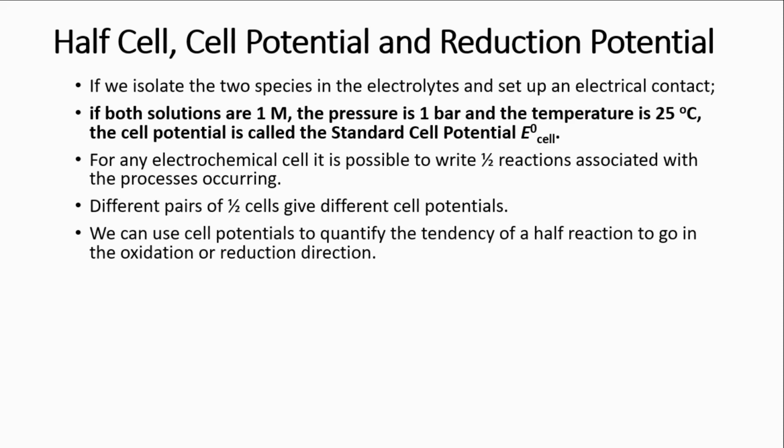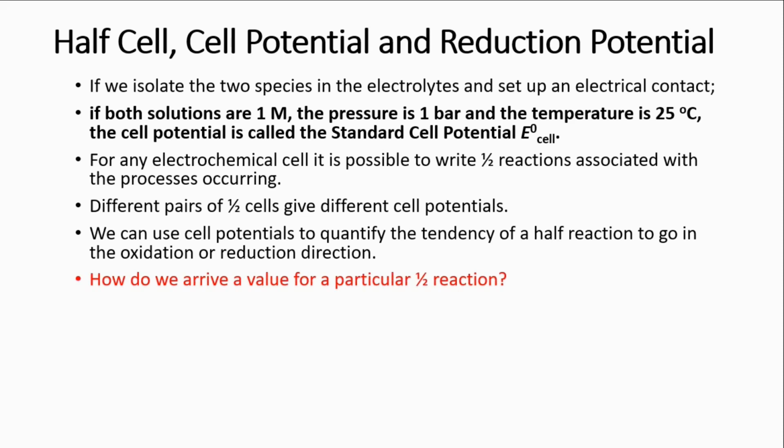We can use cell potentials to quantify the tendency of a half reaction to go in the oxidation or reduction direction. So the cell potential, and also the half potentials, can give us an idea of the tendency for a reaction to go in one direction, oxidation, or the other direction, reduction.